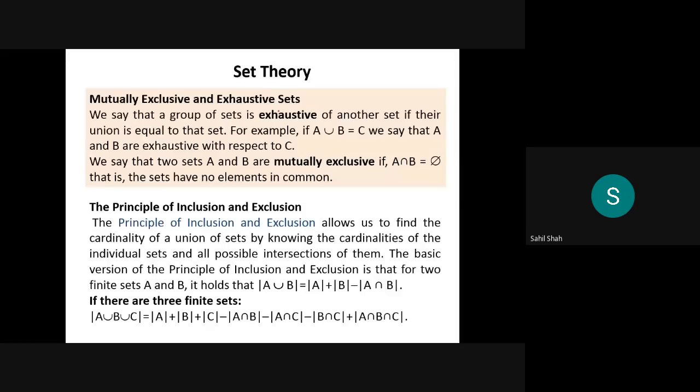What do you mean by exhaustive set and what do you mean by mutually exclusive? Let us see. We say that a group of sets is exhaustive of another if their union is equal to that set.